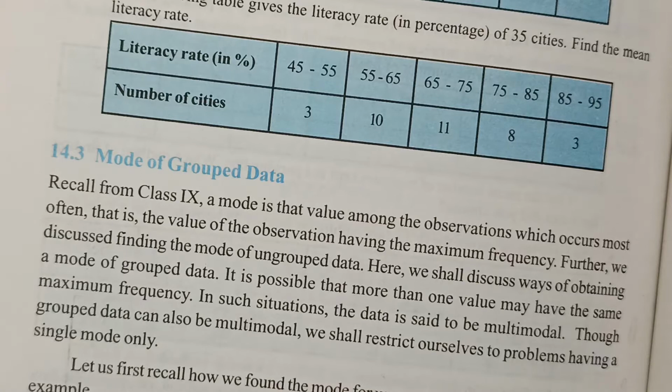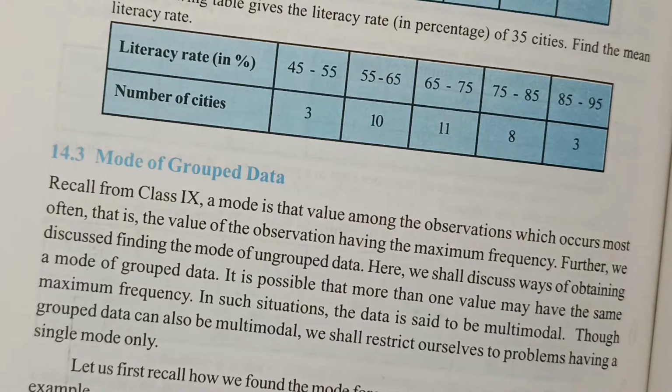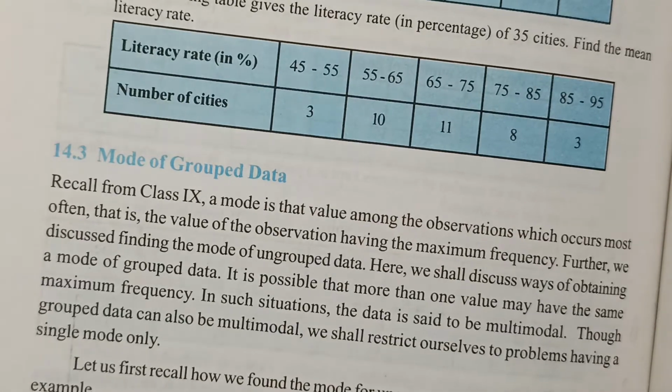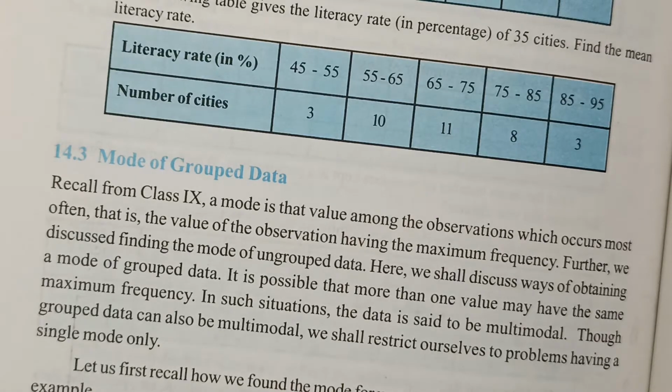Now, in a grouped frequency distribution, it is not possible to determine the mode by just looking at the frequencies. Here we can only locate a class with the maximum frequency, called the modal class. You cannot directly take out the mode as you did in class 9, where you just looked at the data and found the value with the maximum frequency.